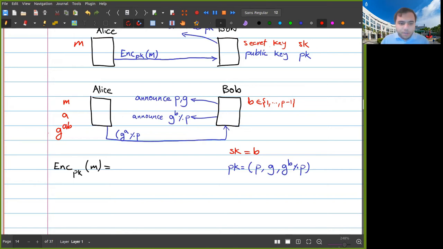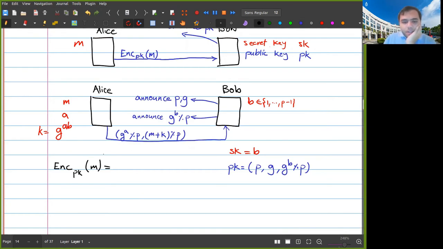So she can just use this as the shared key K, and instead of sending the message, she can just take the message and add this K to it. And of course, again, all the calculations are modulo P. So she can just send these two things to Bob, okay?